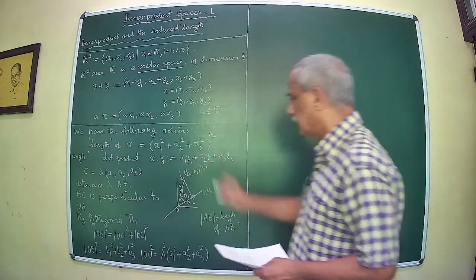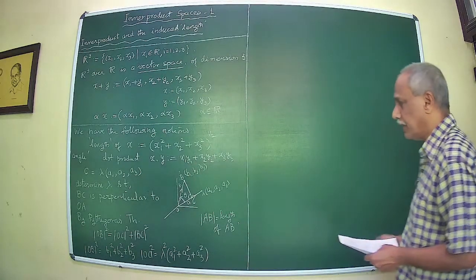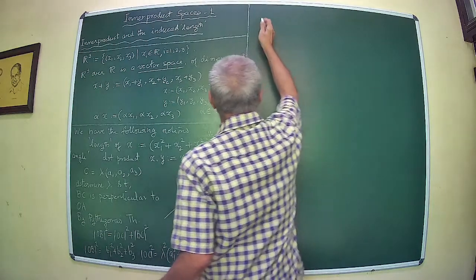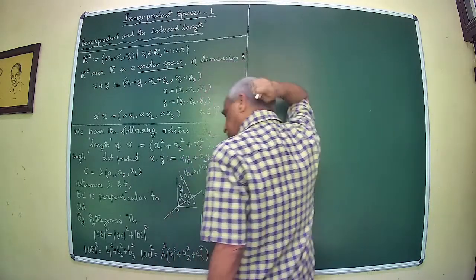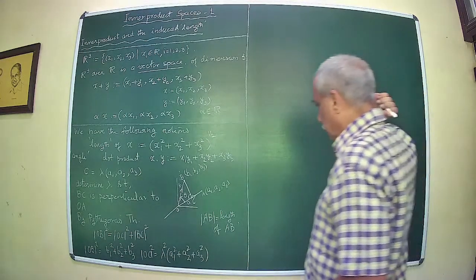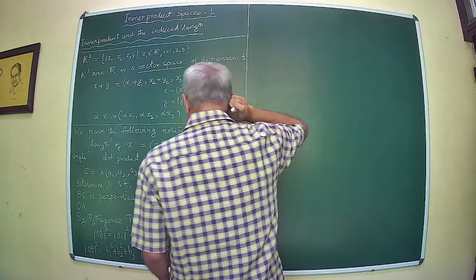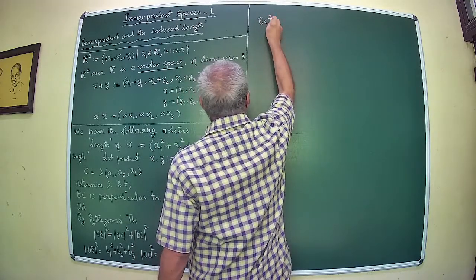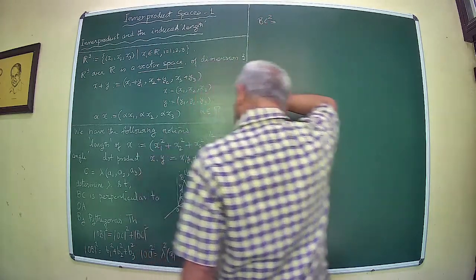Now we compute this. What is BC square? From vector algebra, we know that BC square is equal to the square of the length of this vector.